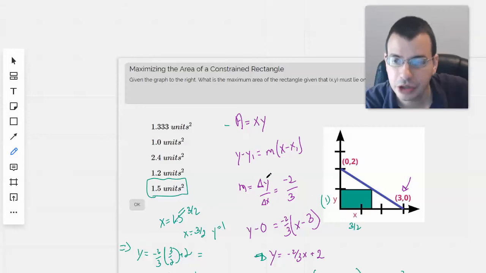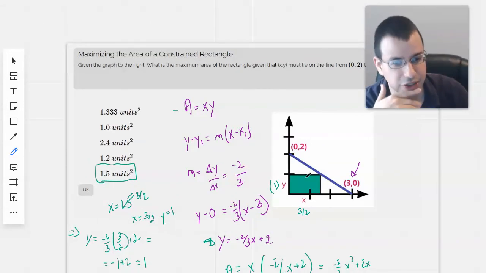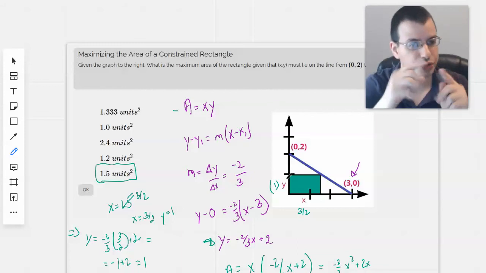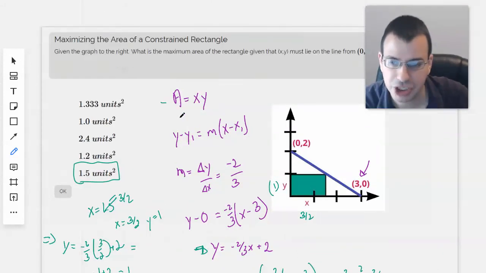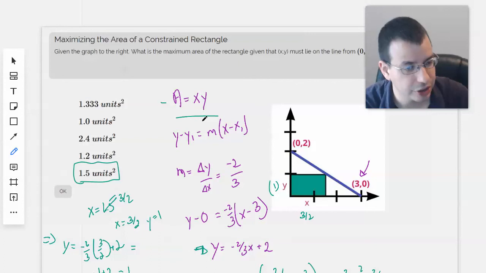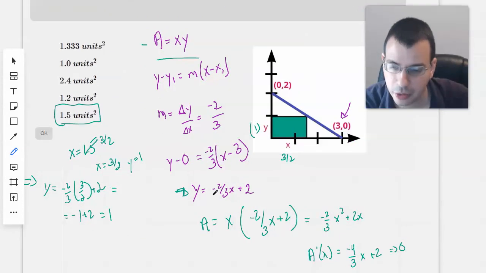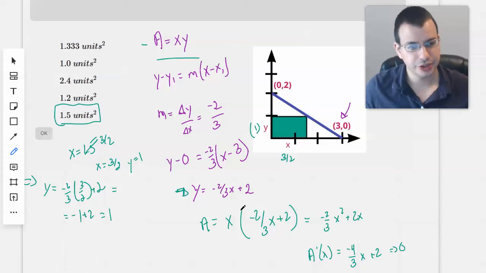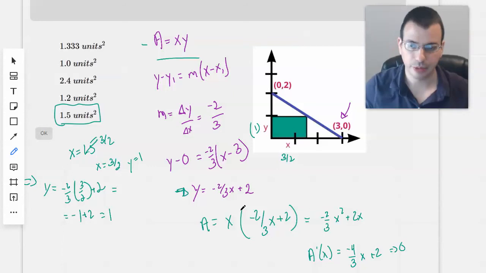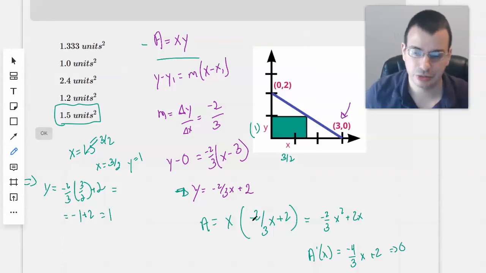Okay, so backtrack. Given the graph to the right, you have a rectangle whose corner is stuck on a line. You have an equation for the area of the rectangle, x times y, and an equation for the line, and you know the two will be related. You solve one for one variable and plug that back into the other.